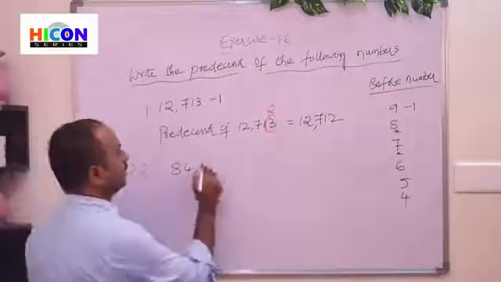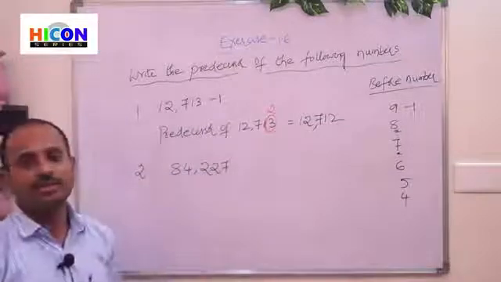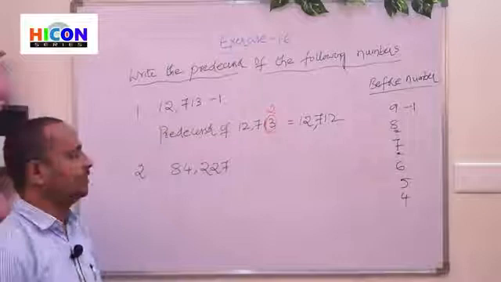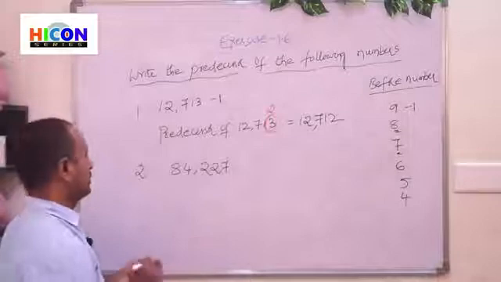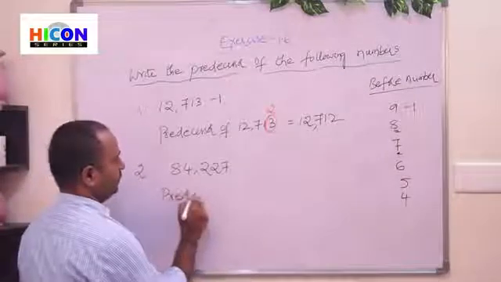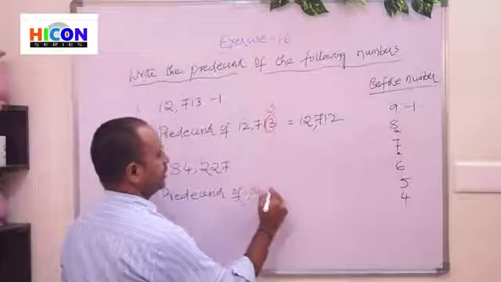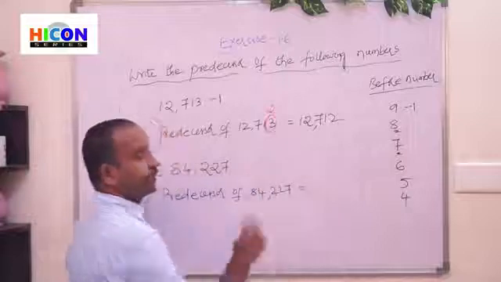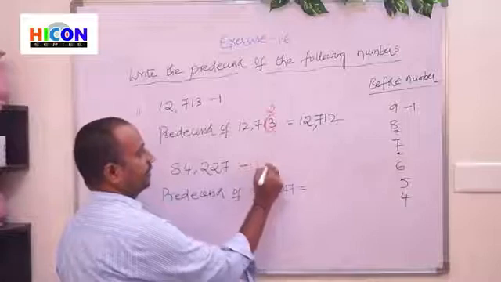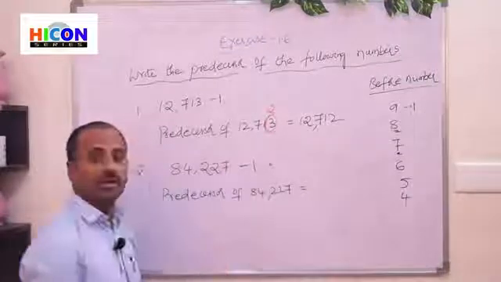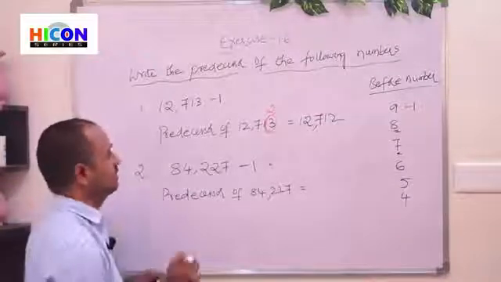For example, 84,227. Write the predecessor of this number. The predecessor can be obtained by subtracting 1 from the given number. So predecessor of 84,227 is equal to, so children, subtract 1 from the given number, you will get the predecessor. Subtracting 1 from the given number means decrease the digit present in the ones place.